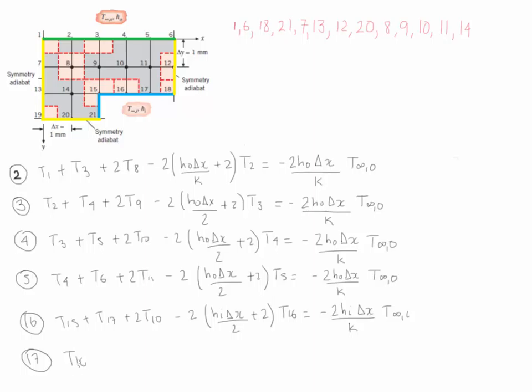So it's T16, T18 plus 2 times T11 minus 2 HI delta X over K plus 2 T17 now minus 2 HI delta X over K T infinity I. And these are the nodes once again for convection plane. Please make sure to go back and able to do each one of these equations.